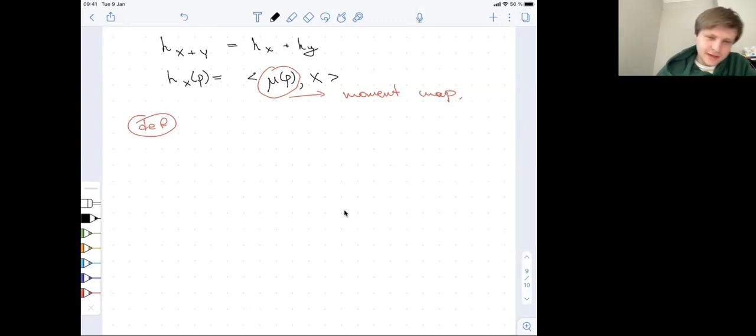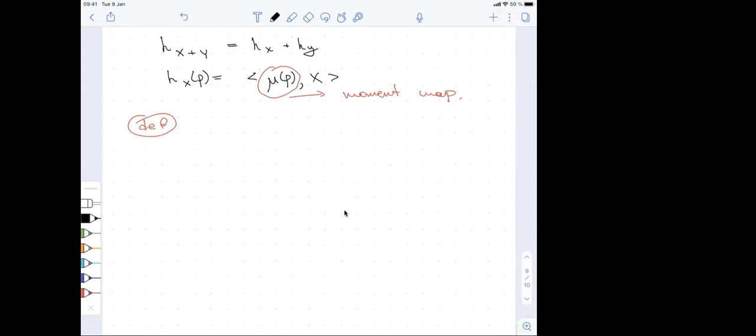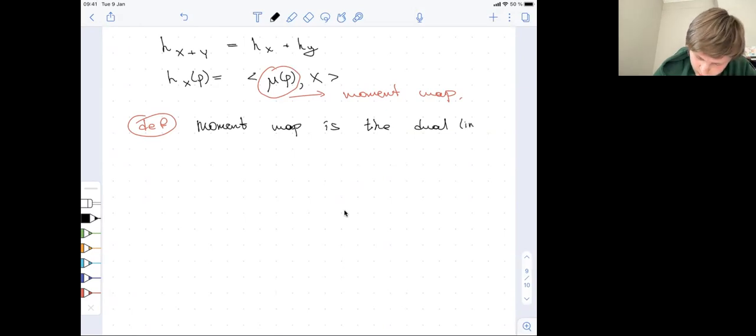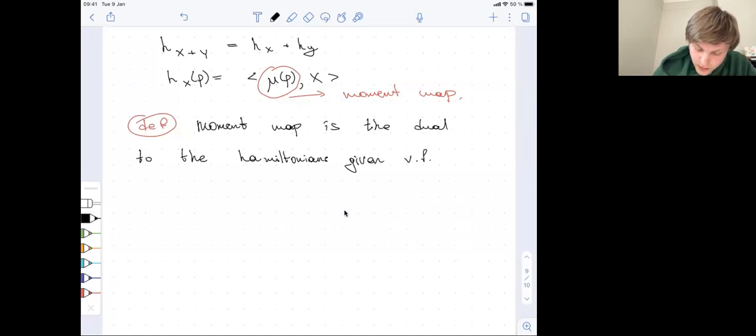Yes. So let me write it as a definition. The moment map is the dual, in terms of Lie group and dual Lie group, to the Hamiltonians given by vector fields of the group action.